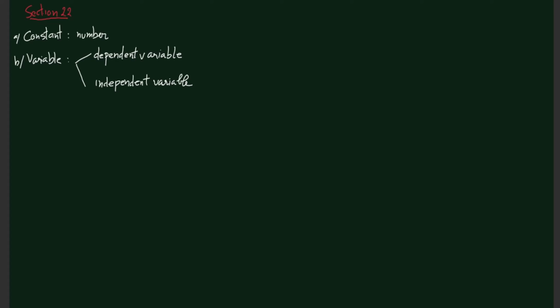Variable is something changing. This is a quantity that is able to change or vary. So I'm going to add over here: quantity that is able to change or vary.